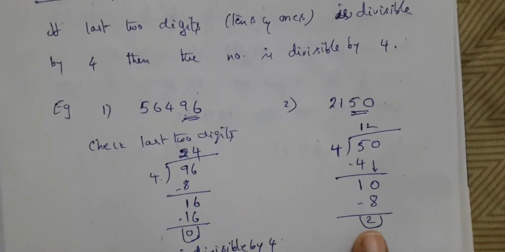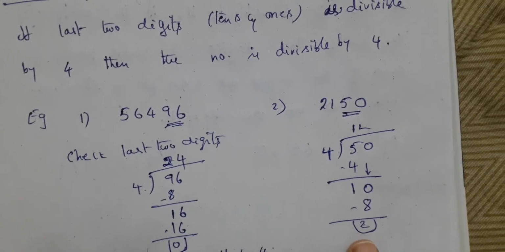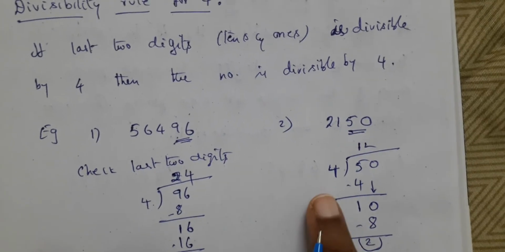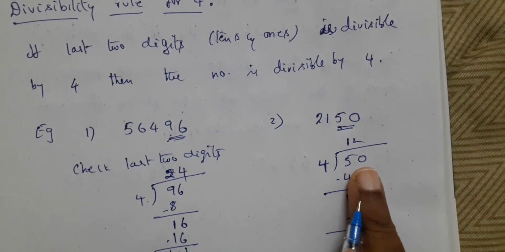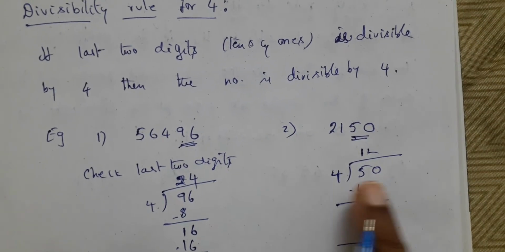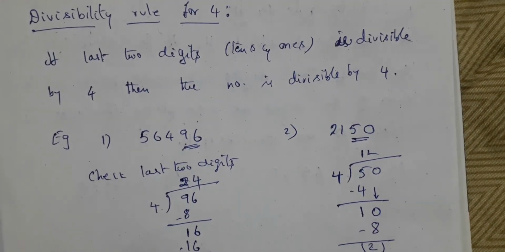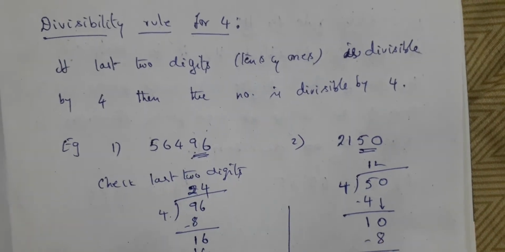So further you can't divide it. So therefore the remainder here is a non-zero remainder. Therefore what is happening? 4 cannot divide 50 perfectly. So therefore since 4 cannot divide the last 2 digits, this number is not divisible by 4. So how do we write the conclusion?